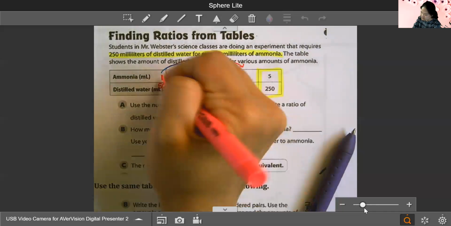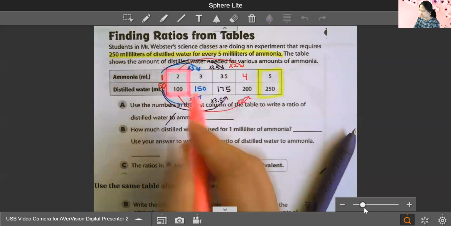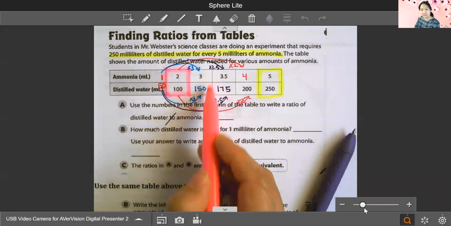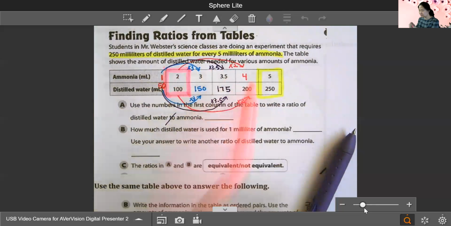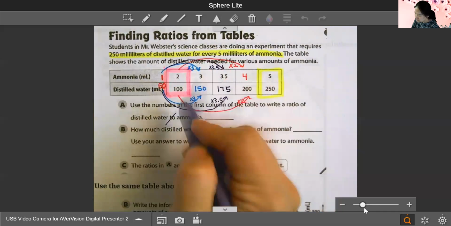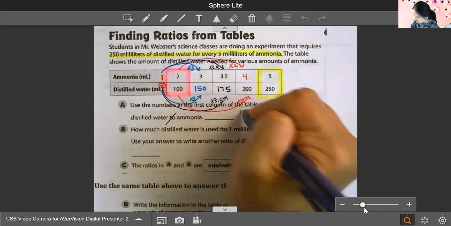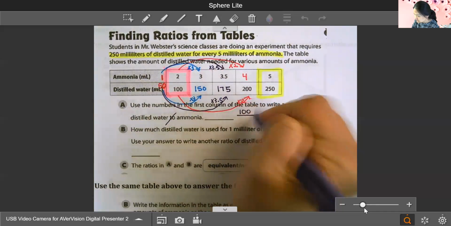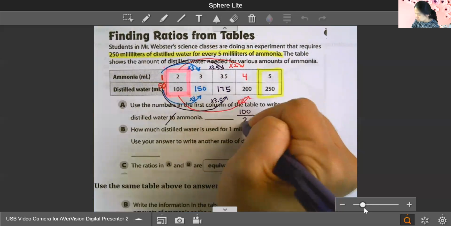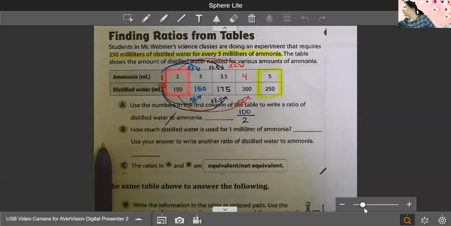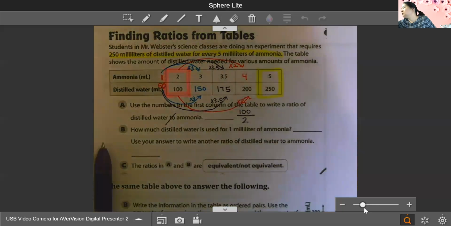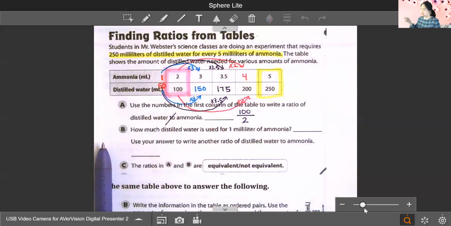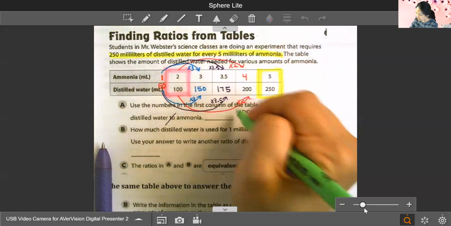The first column is this one right here. First column, second column, third column, so on and so forth. So then distilled water is 100 and ammonia is 2. So my ratio of distilled water to ammonia on the first column is 100 to 2.